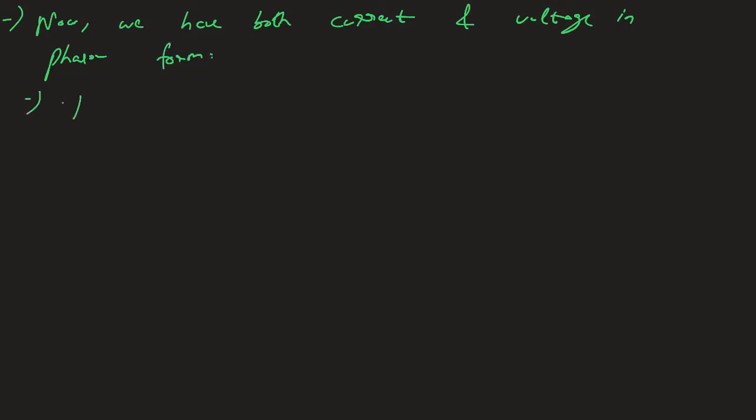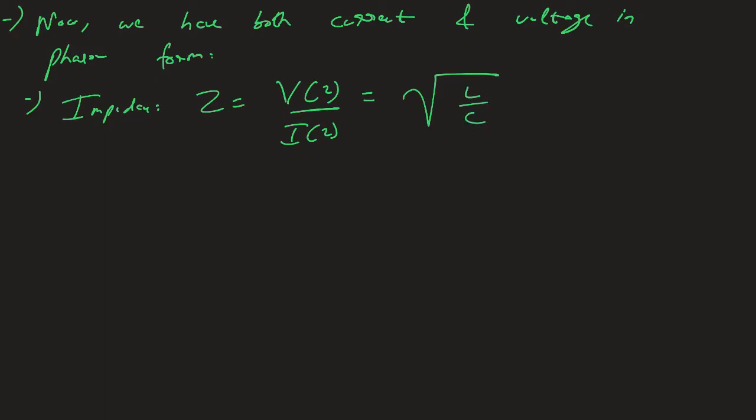So what's the impedance? Well, the impedance Z is just V of z over I of z. So that's just equal to square root of L over C, right?